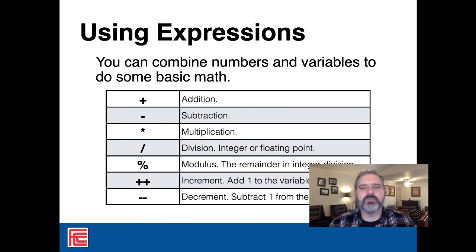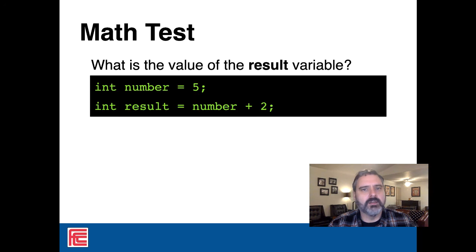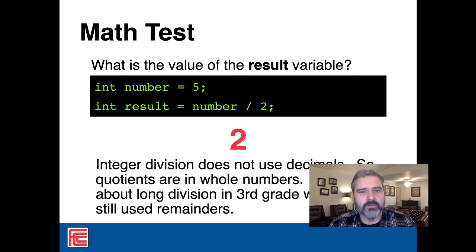So the best way to kind of do this is with just a quick math test. If I have a number 5 and I say I want that number plus 2, that's 7. You already knew that. 5 minus 2, 3. 5 star 2, 10. Everything working like expected. 5 divided by 2, notice everything is an integer, that has the value of 2, right?